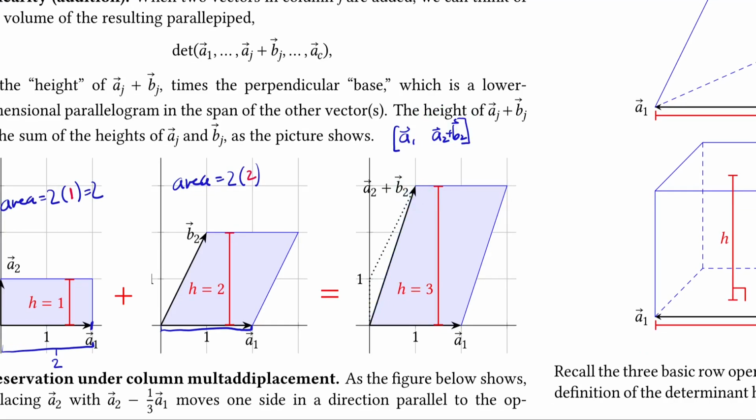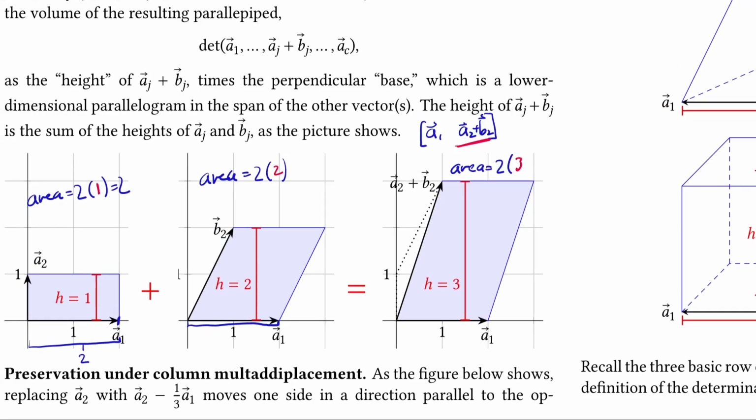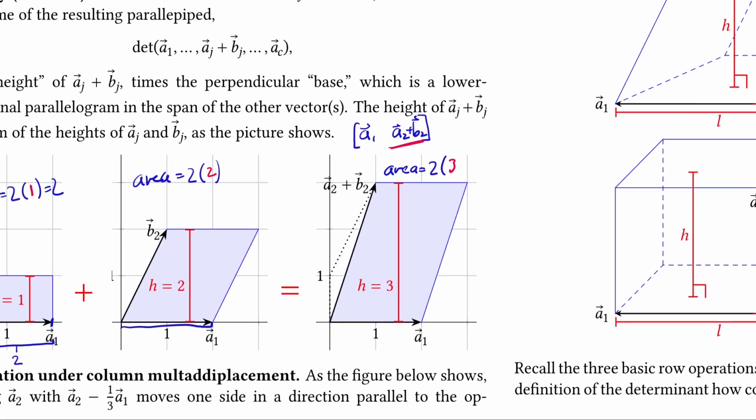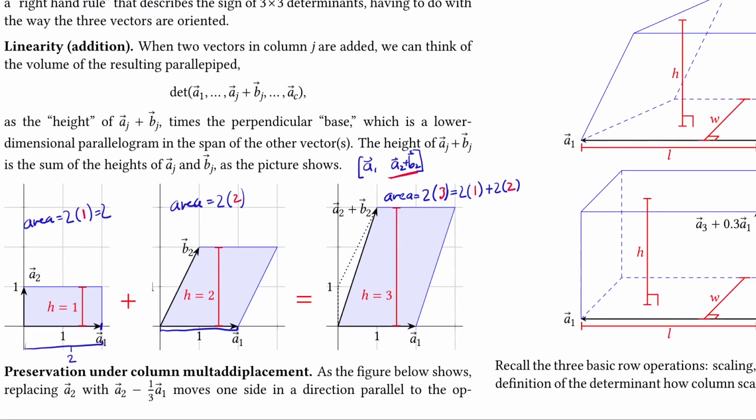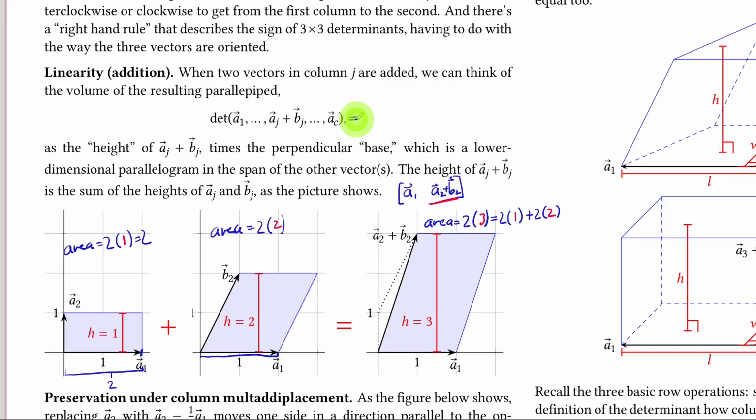And what is the height from the same base up to the opposite side? Well, it's 3, because when we added these two vectors together, it's like we're also adding up how far away they are from the base A1. So that's why you should expect the volume of the result to be equal to the volume of the two smaller parts.